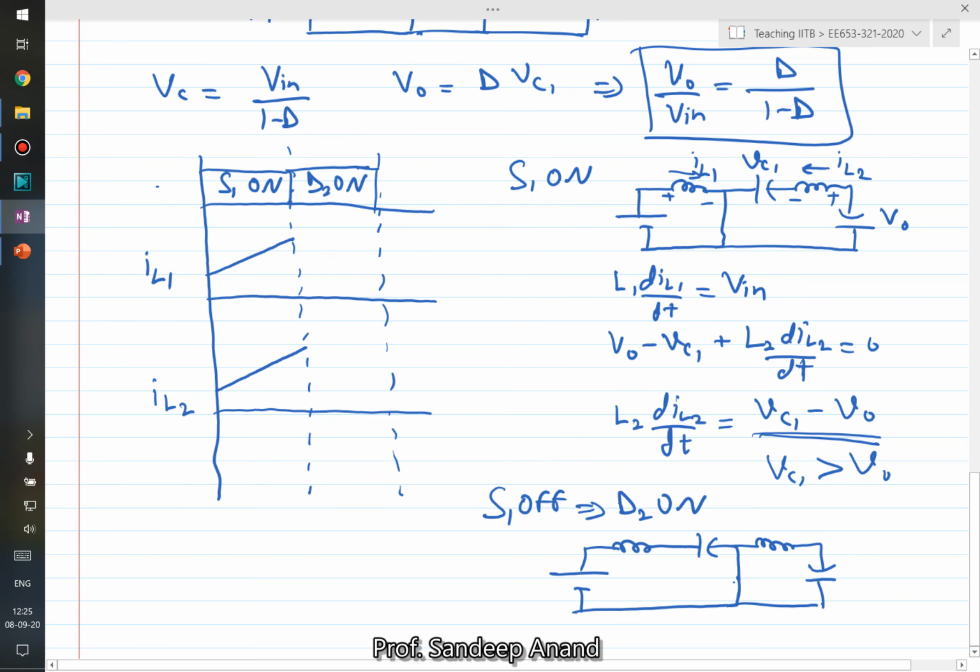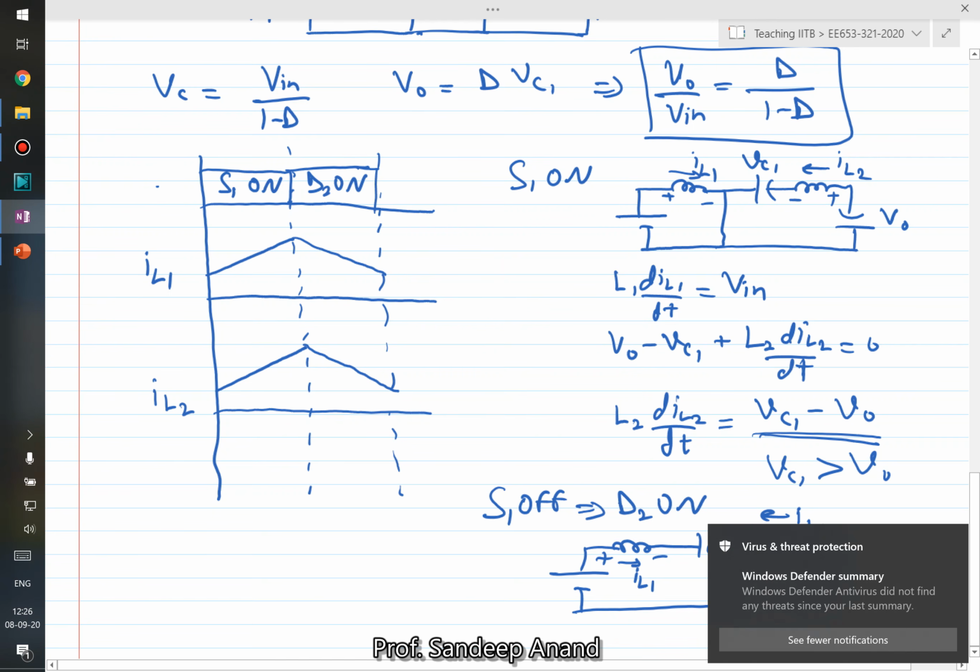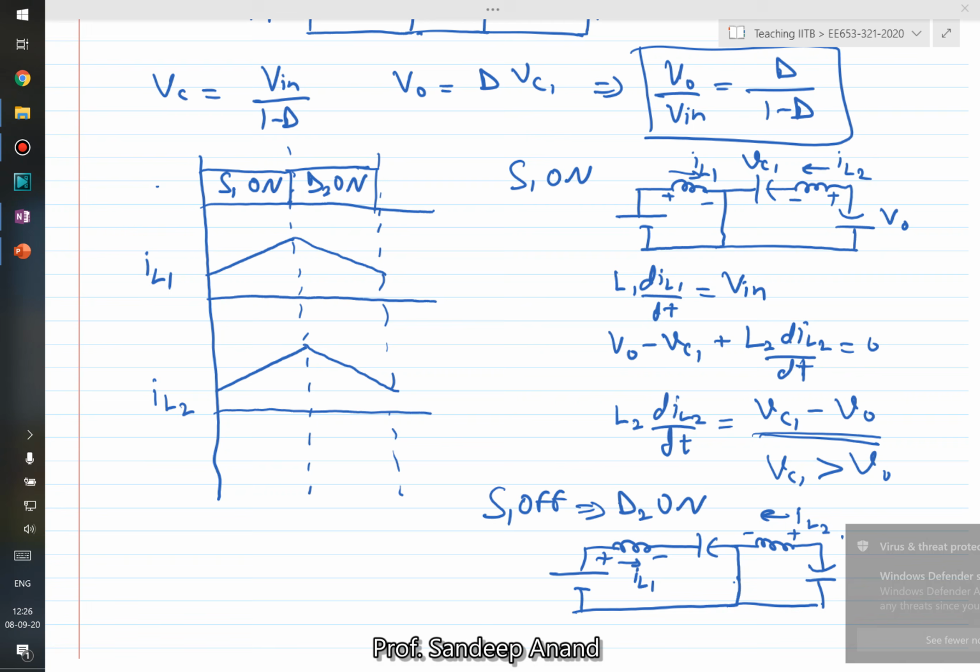You can repeat this step, you can write the inductor current equations for both the inductors, and what you would realize is that both the inductors in this mode are falling, right?